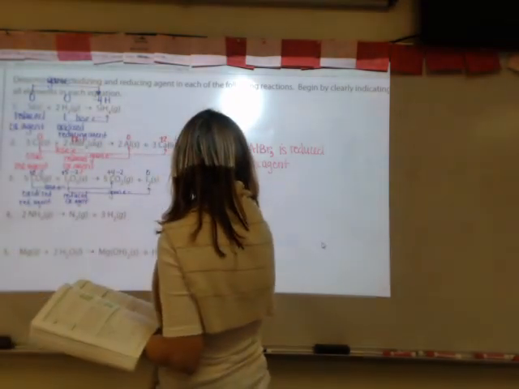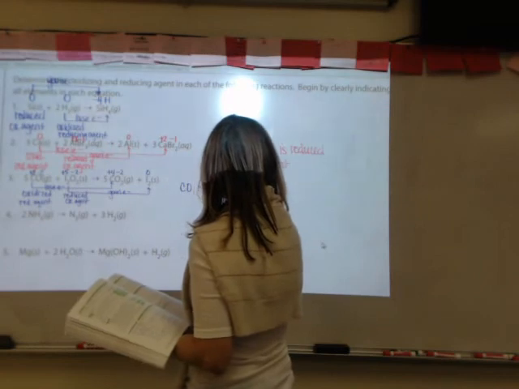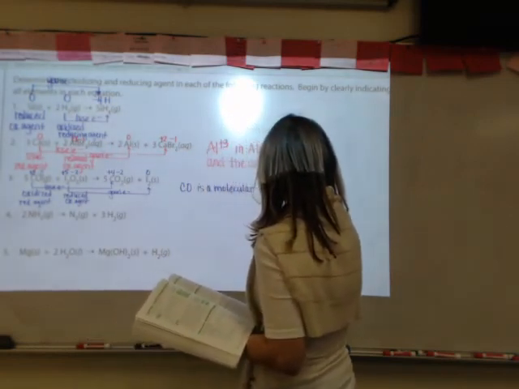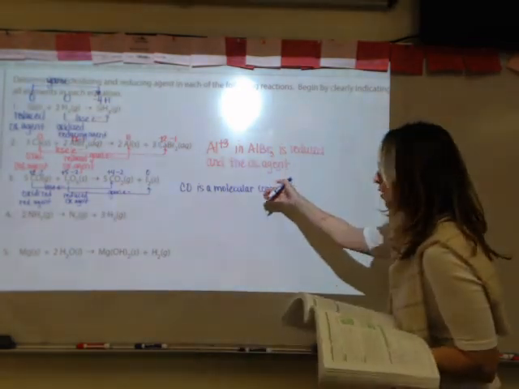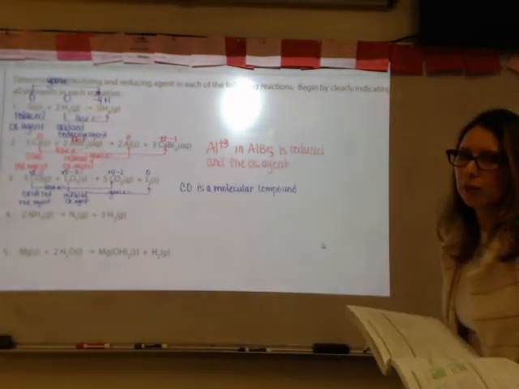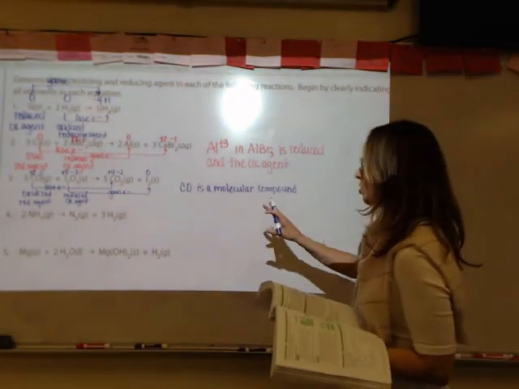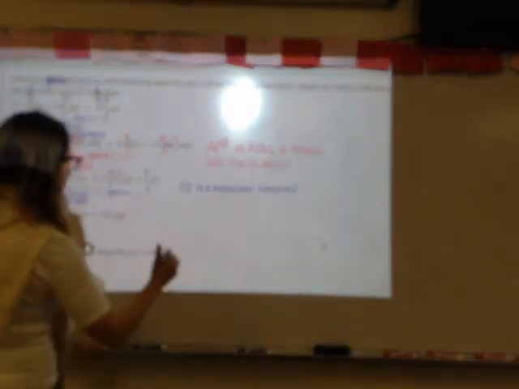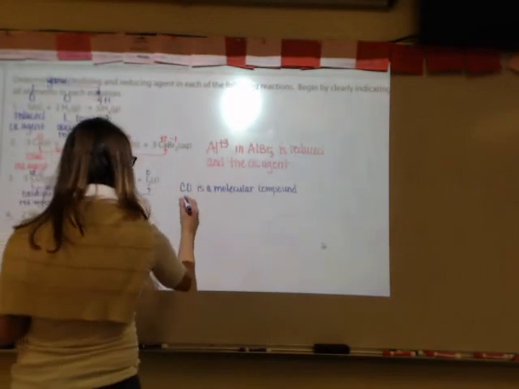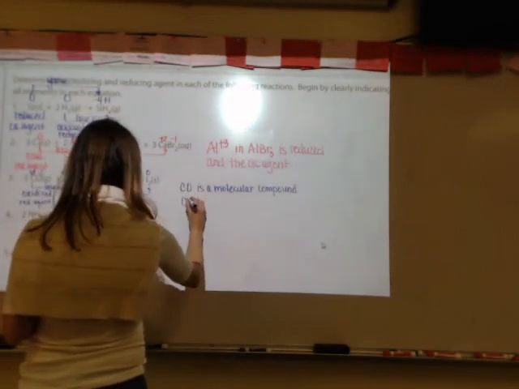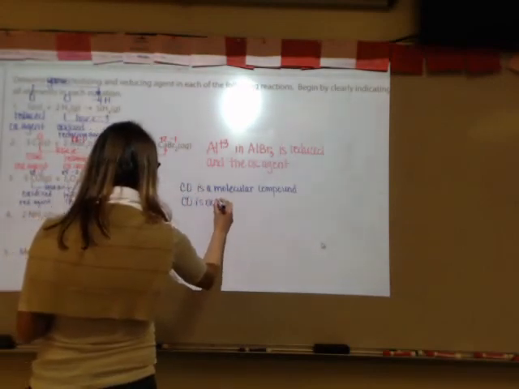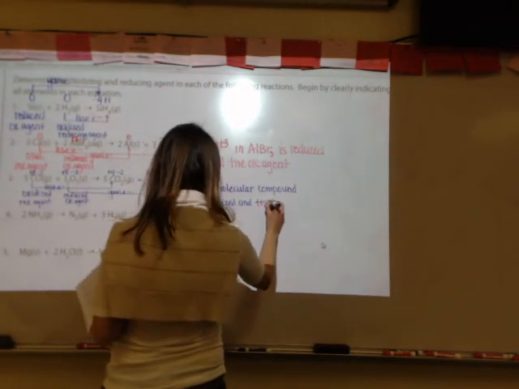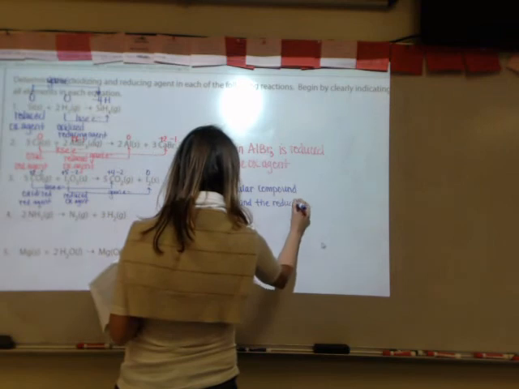CO is a molecular compound. You cannot remove an ion from a molecular compound, okay? When we're mentioning what is oxidized or what is reduced, it has to be referred to as CO. So what this means is CO is oxidized, and it's the reducing agent.